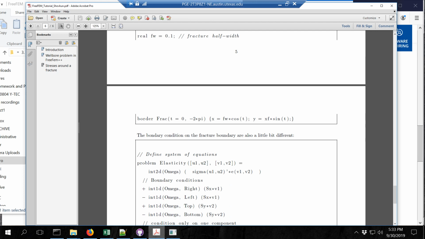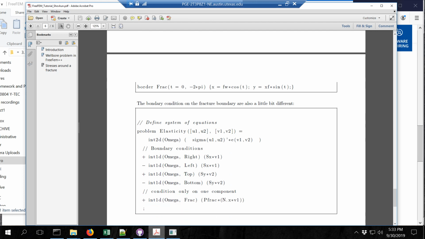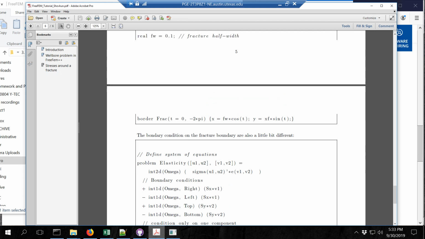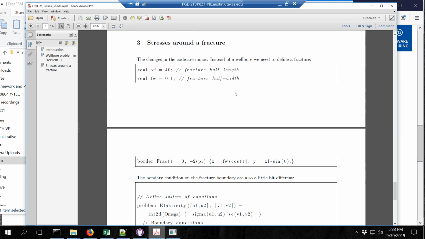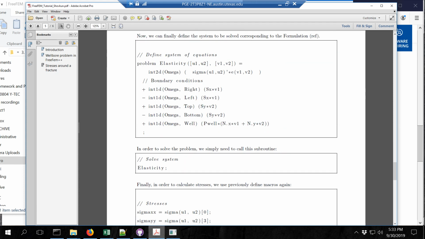Okay, so there's a little bit about stresses and fracture, and he's creating the fracture as an ellipse. But don't do that. Just make it all as linear segments. On the linear segment of the fracture, you apply a pressure with the boundary condition equal to the one of the well. So instead of P well, just call it P frac, multiply times that, and that's going to be the pressure in the fracture.